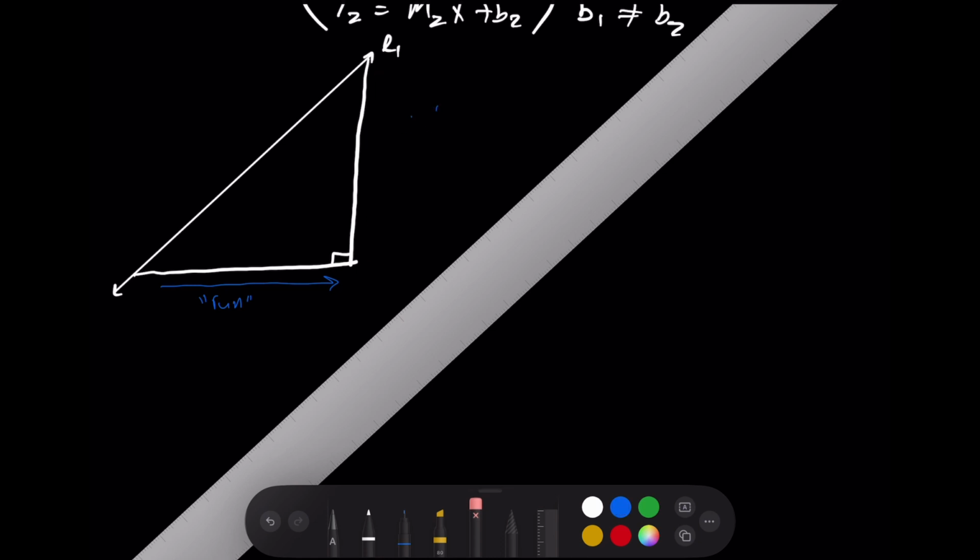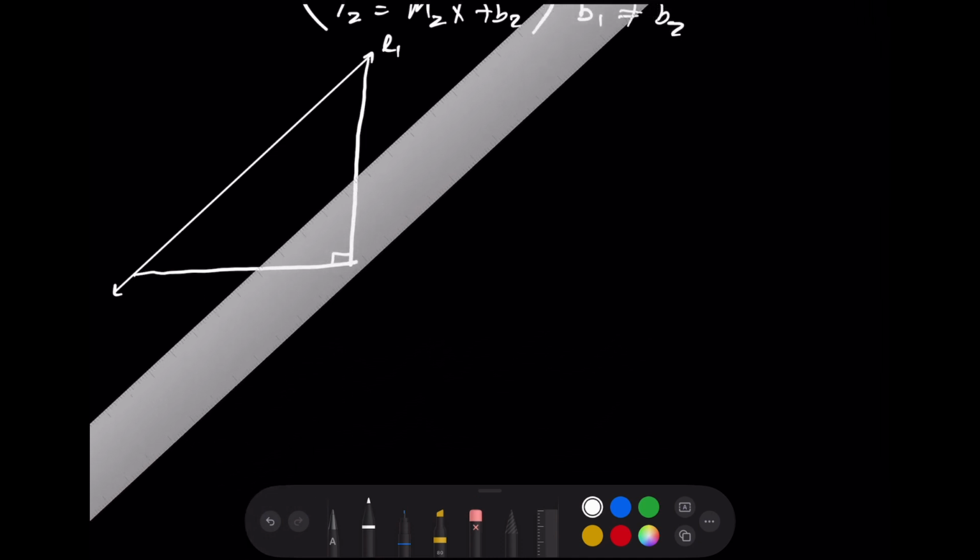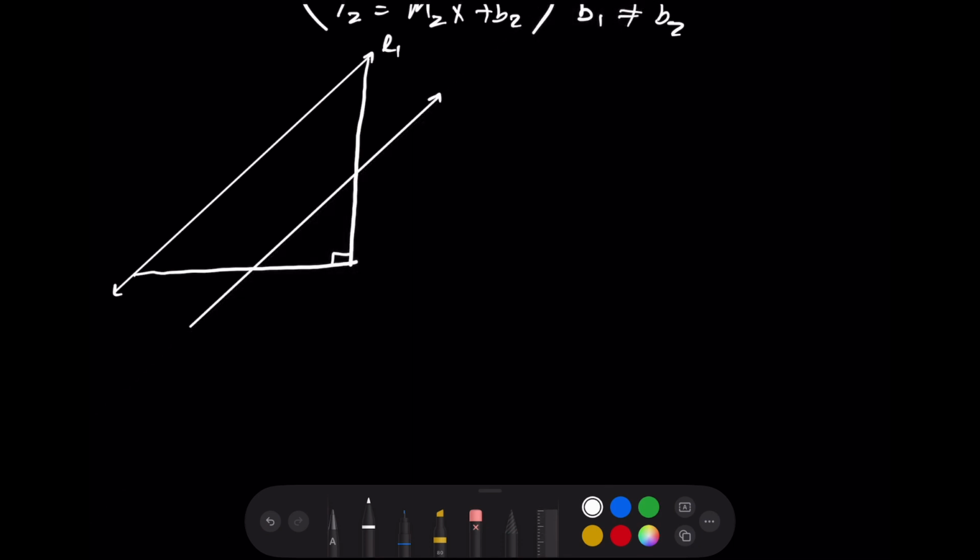Okay, so that's just one line, but we have two. So our second line will be right here, and that is L sub 2. And we're given that L sub 1 is parallel with L sub 2. And we want to prove that they have the same slope. And here's how we're going to do it.